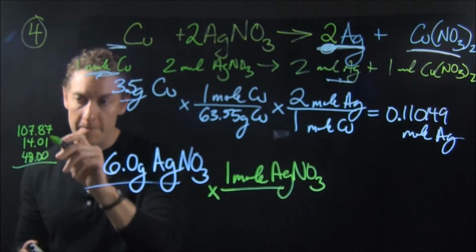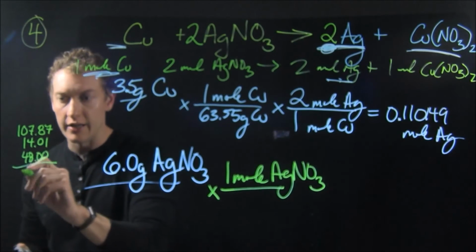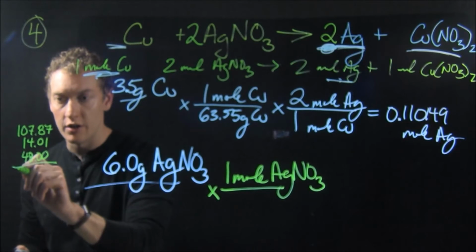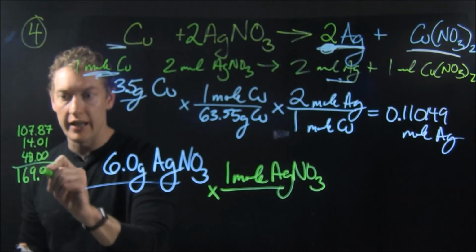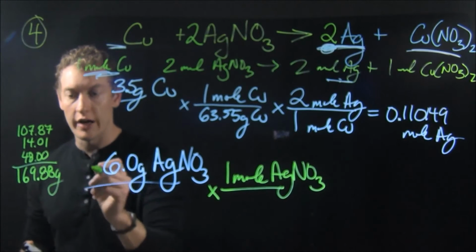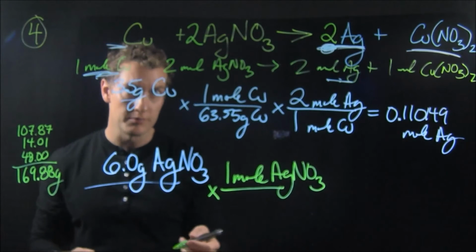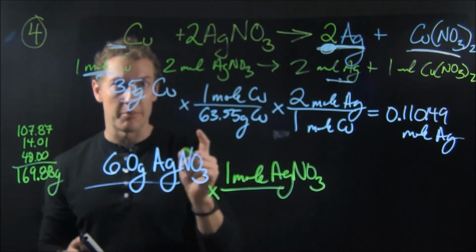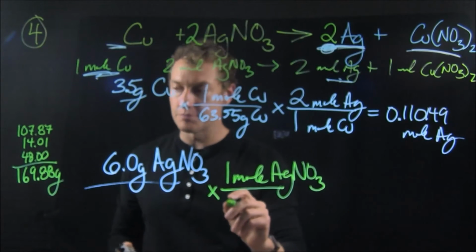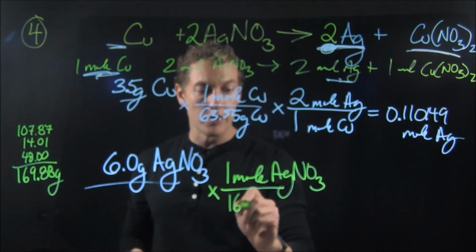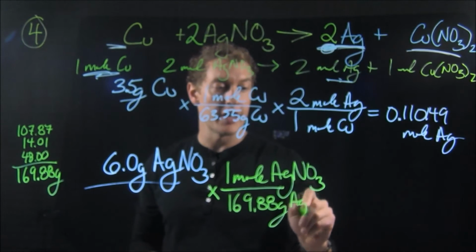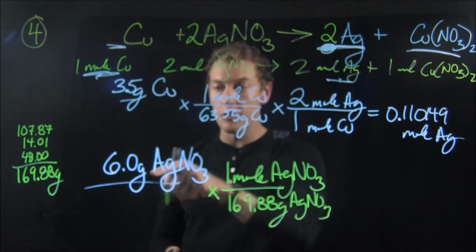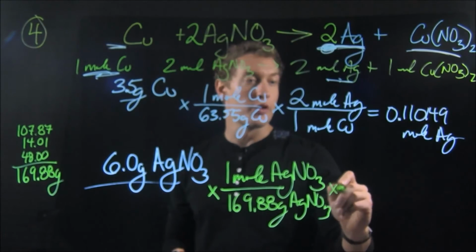So good there. Tallied those up, and it comes out to be 169.88 grams for every 1 mole. You can check that, but I'm pretty sure that's right. 169.88 grams of silver nitrate is equal to 1 mole of silver nitrate, and then we will convert that.